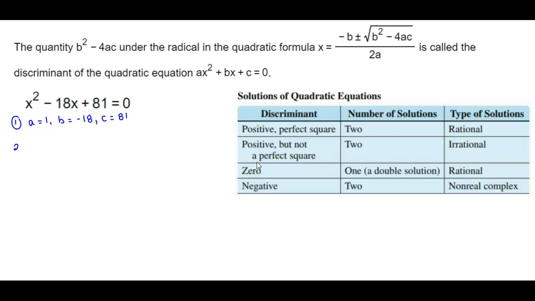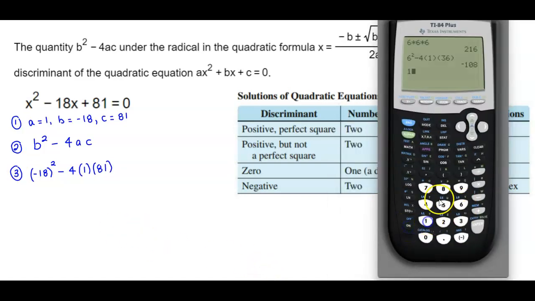Now, what is the discriminant? Well, the discriminant again is b squared minus 4ac. So let's plug in the values of b, a, and c. b is negative 18 squared minus 4 times a, which is 1, times c, which is 81. When we square negative 18, it's going to be positive, so 18 squared gives us 324.